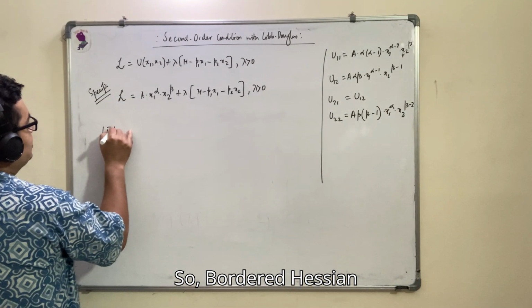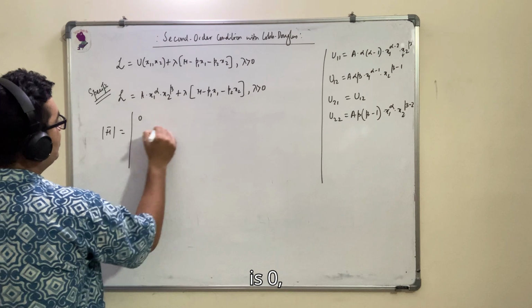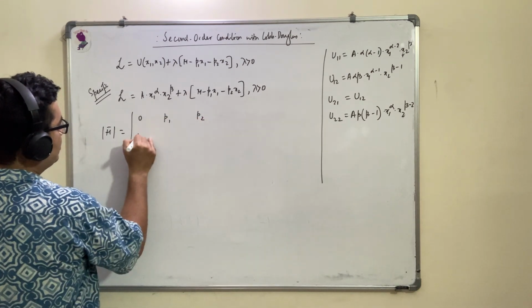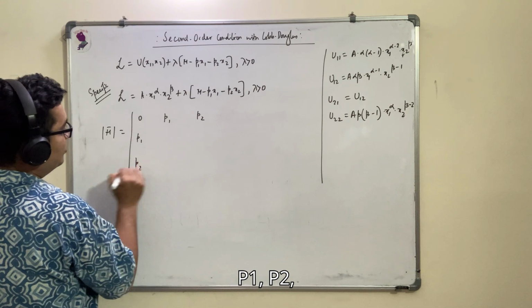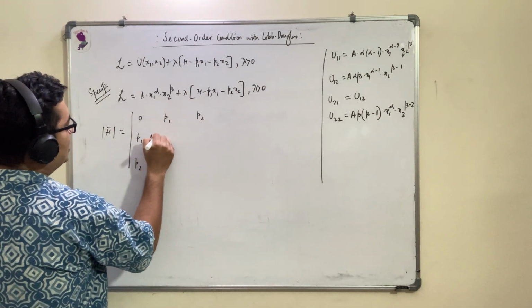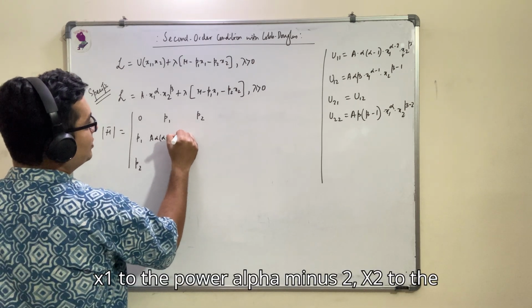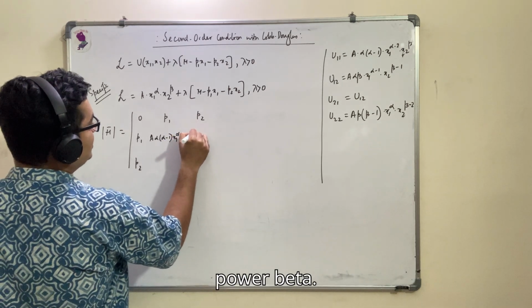So the bordered Hessian is 0, p1, p2, p1, p2, A alpha into alpha minus 1, x1 to the power alpha minus 2, x2 to the power beta.